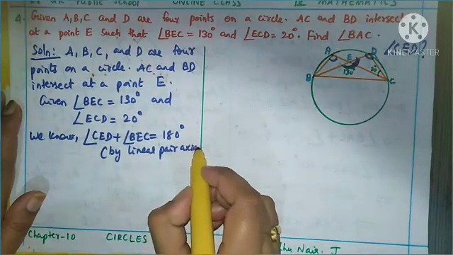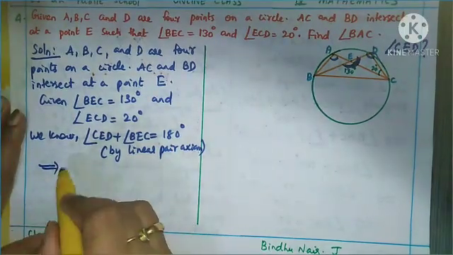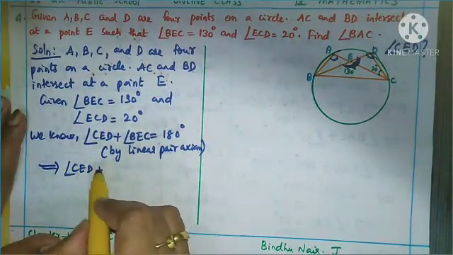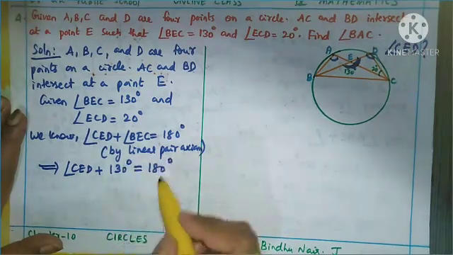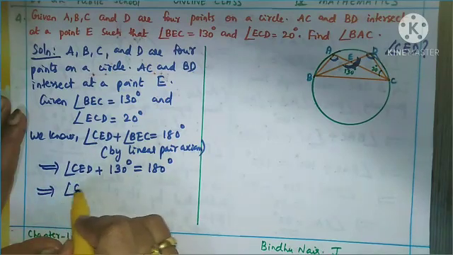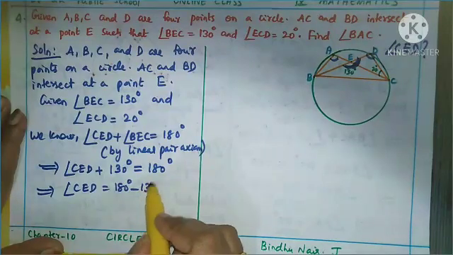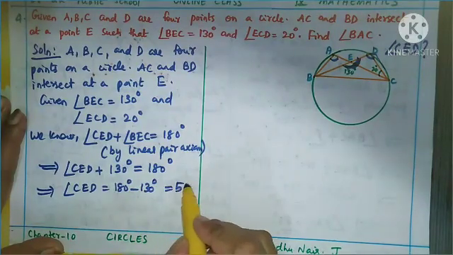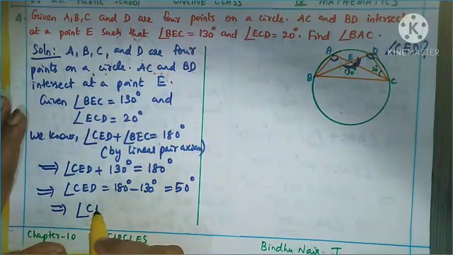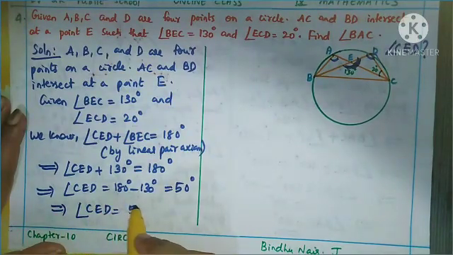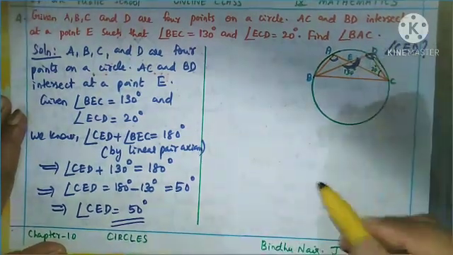So this implies CED plus BEC, which is given as 130 degrees, equal to 180 degrees. From this, angle CED equals 180 degrees minus 130 degrees, that is 50 degrees. Thus we got angle CED equal to 50 degrees. So this angle E is 50 degrees.